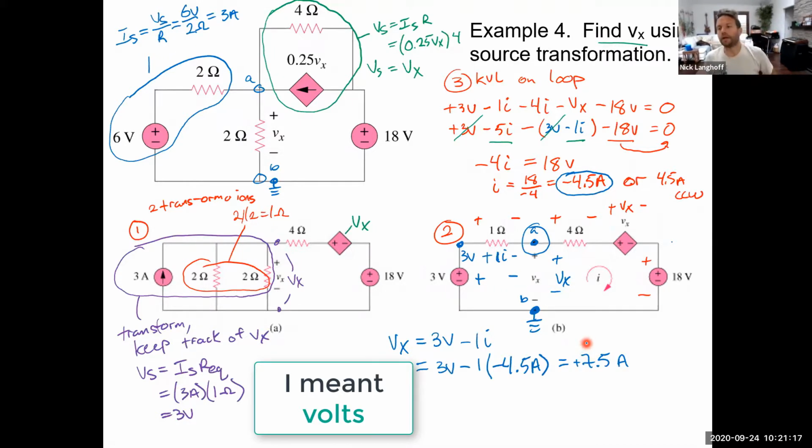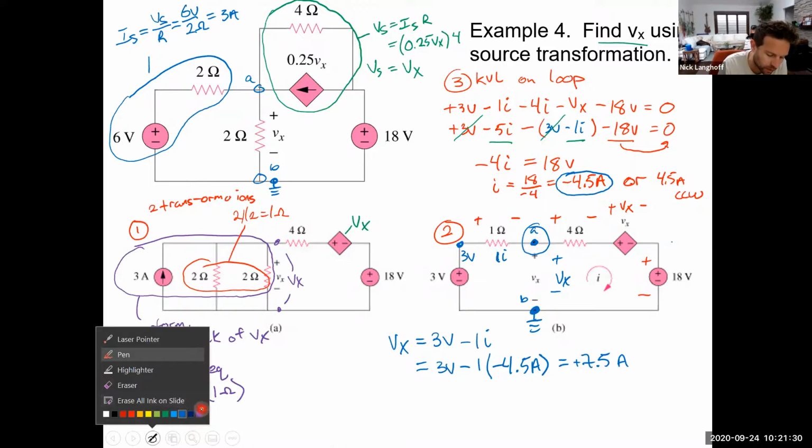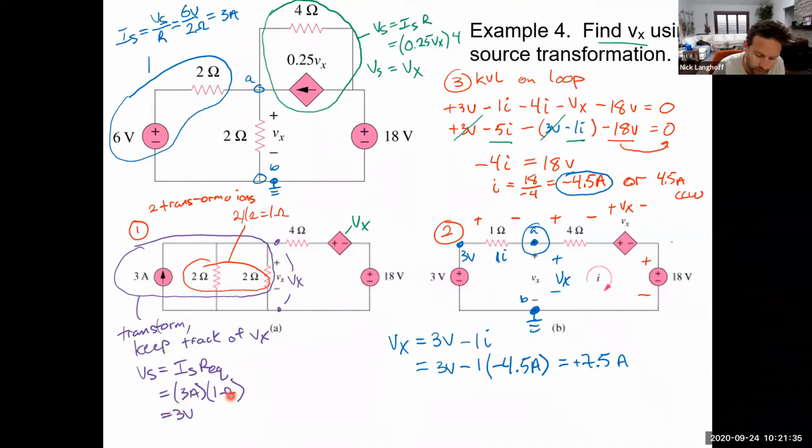Now, if that's confusing to you, because you're doing this double negative thing, if you'd like to redraw the circuit, go for it. Why not? Just draw it on there and say, okay, well, we found the current and we found out that it's actually going this direction. That's I. And so if it's flowing from positive to negative voltage, then it's plus on the right and minus on the left.